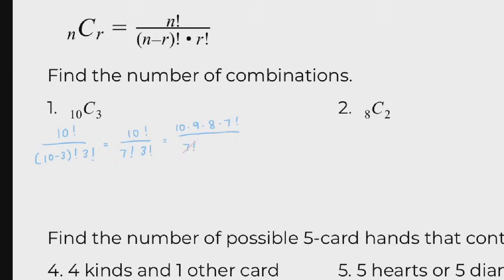And that means we'll have to write out 3 factorial, so that'll be 3 times 2 times 1. Then I'm going to see if I can simplify any of them. So 3 and 9 I can simplify to 3, and 2 and 8 I can simplify to 4. So when you're finding the number, that'll be 10 times 3 times 4, which is 120.